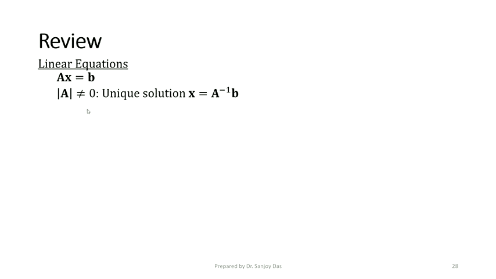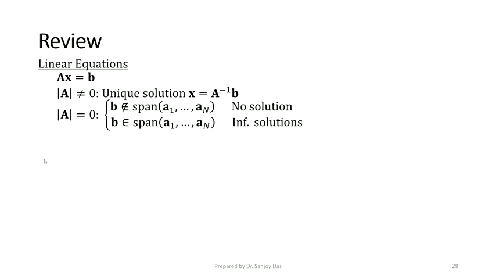Just a quick review of what we just did. Ax equals b. If A is a non-singular matrix, then we have a unique solution, x equals A inverse b. If A is singular, the determinant is 0, then if B does not belong to the span of A, no solutions. If B does belong to the span of A, then infinite solutions.